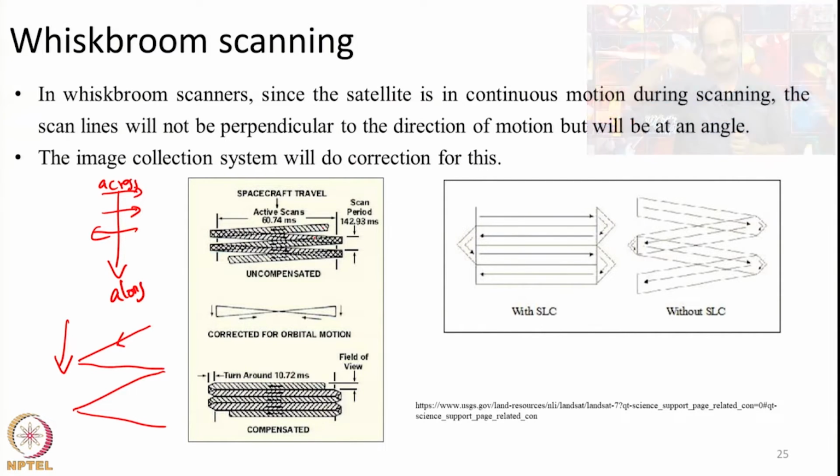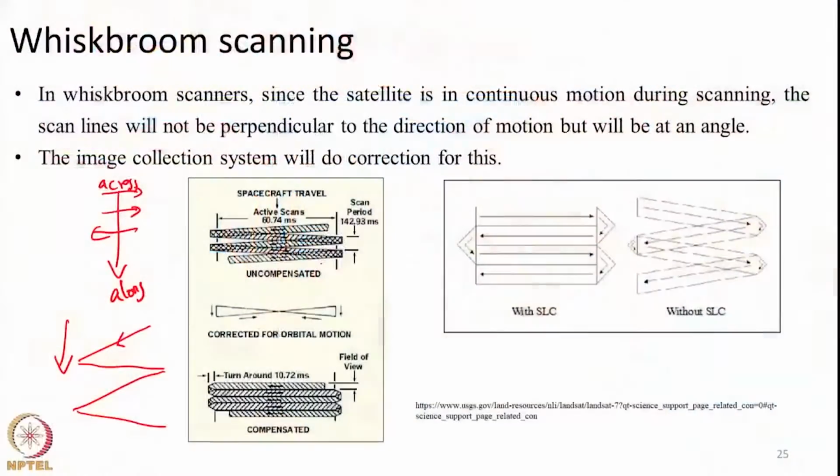That is, the nature of the skewed data acquisition must be corrected and we must be in a position to create a proper image without any gaps. So, this sort of image must be corrected to get this sort of image. Okay.